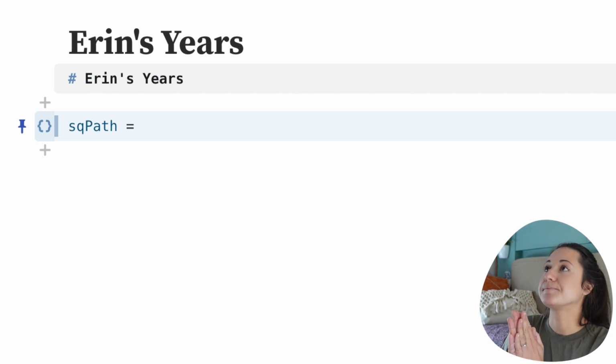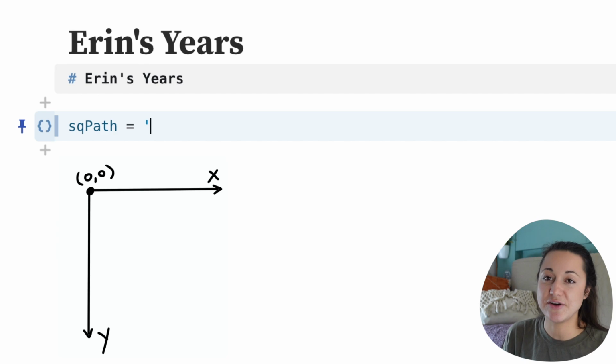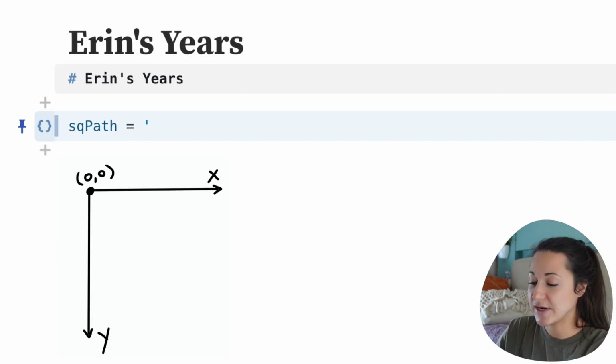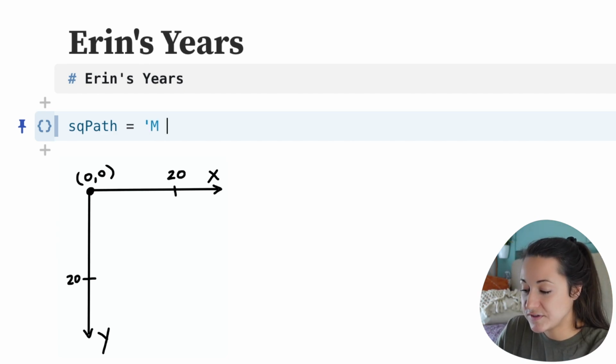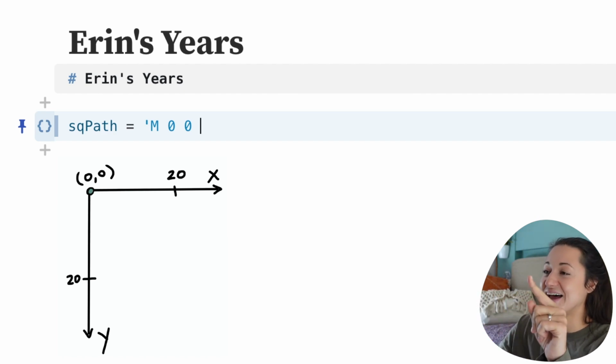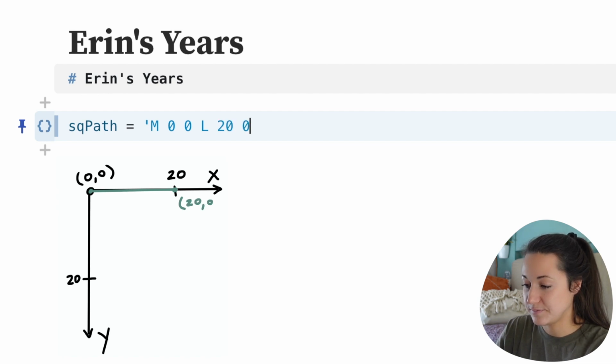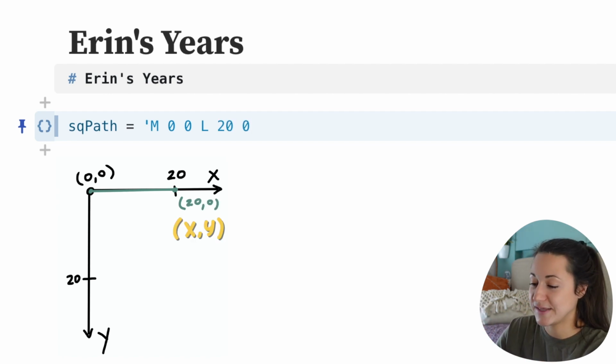Picture that the canvas you're working with has the 0, 0 coordinate at the top left. We're going to say move to 0, 0, and we're going for a square right now. So we draw a line to 20, 0, because X, Y, you know?